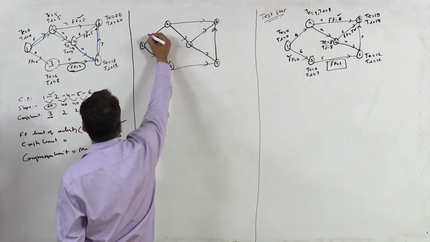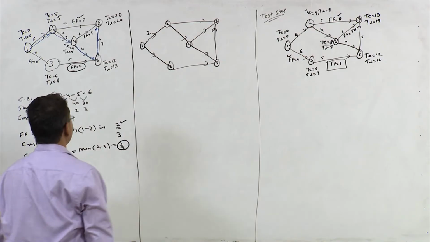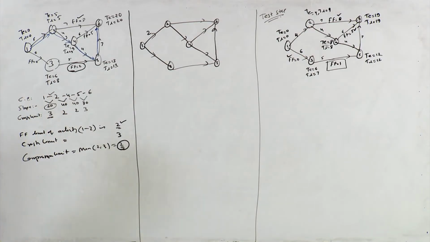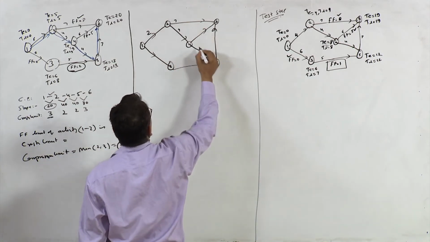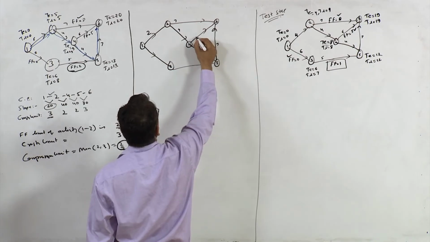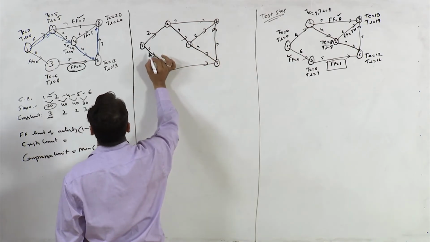So let us make it 2. All other activities will remain the same. So this is 7, 4, 4, 7, 6, 6 and 5.